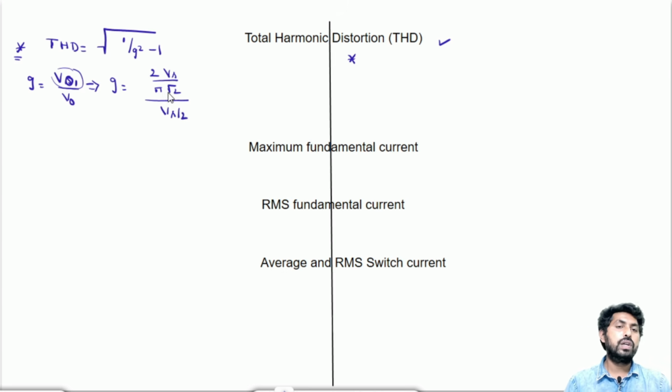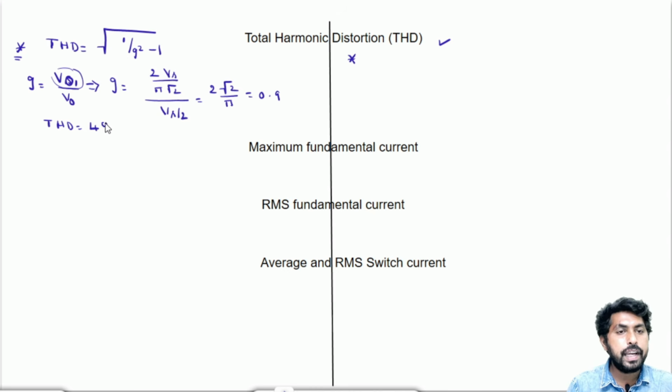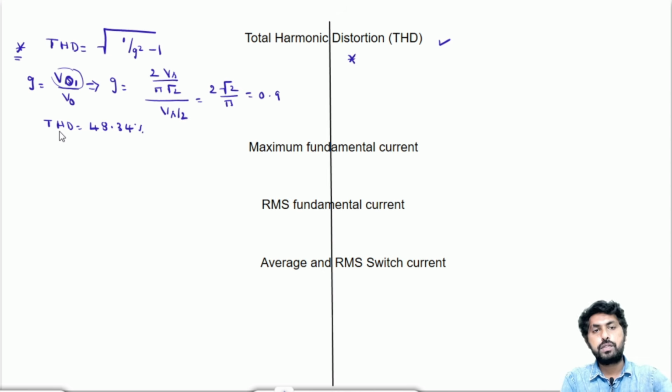Vs gets cancelled, so G will be 2 root 2 divided by pi, which is equal to 0.9. If I substitute the G value in the THD expression, I will get THD equal to 48.34%.